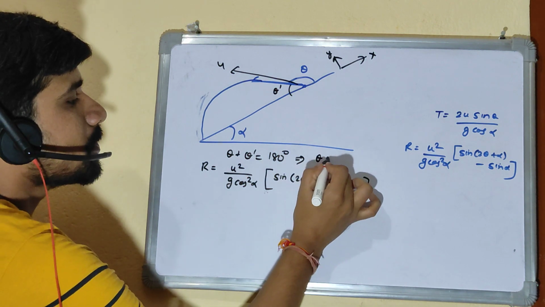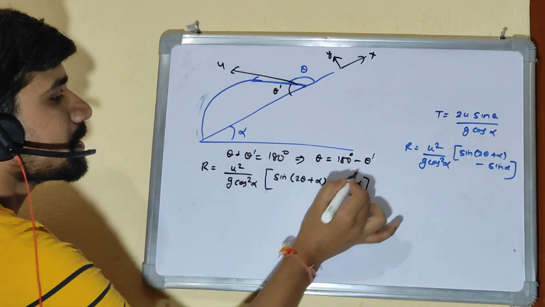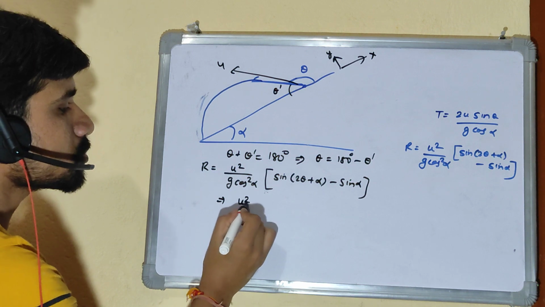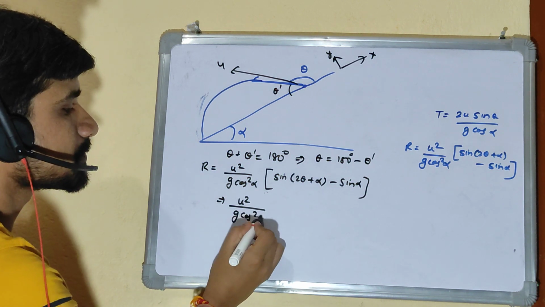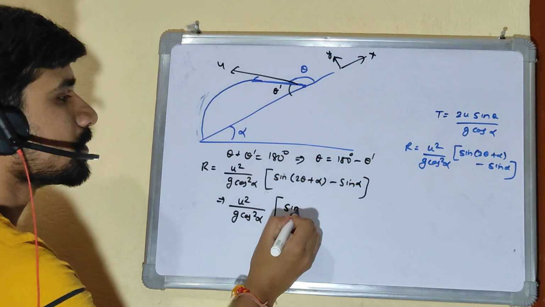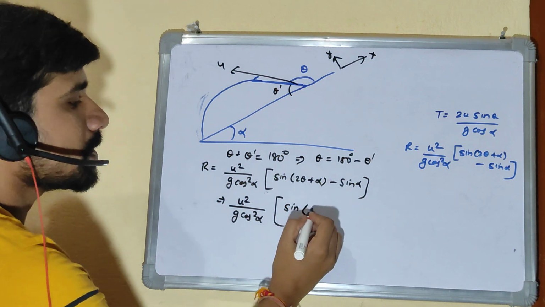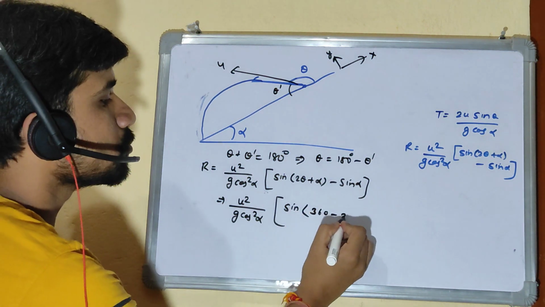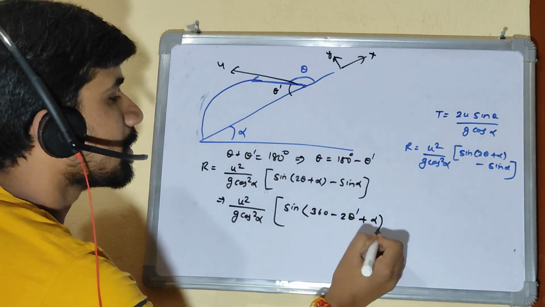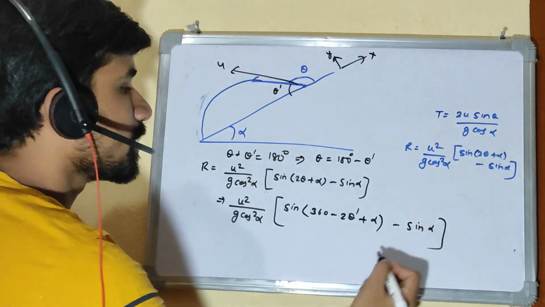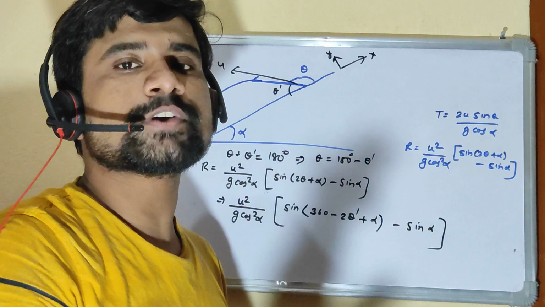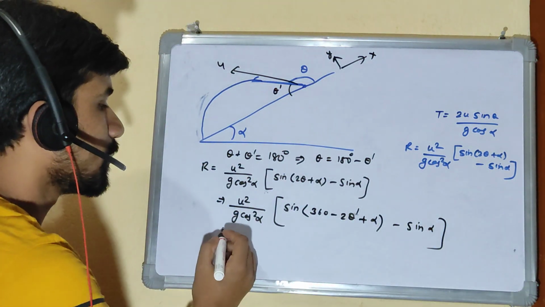So theta becomes 180 minus theta dash. This becomes u square by g cos square alpha, sine of 2 theta, which becomes 360 minus 2 theta dash, plus alpha, minus sine alpha. 360 degrees is equivalent to 0 degree.